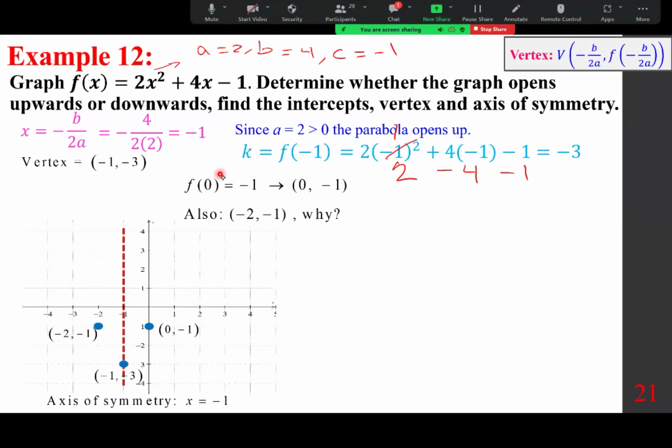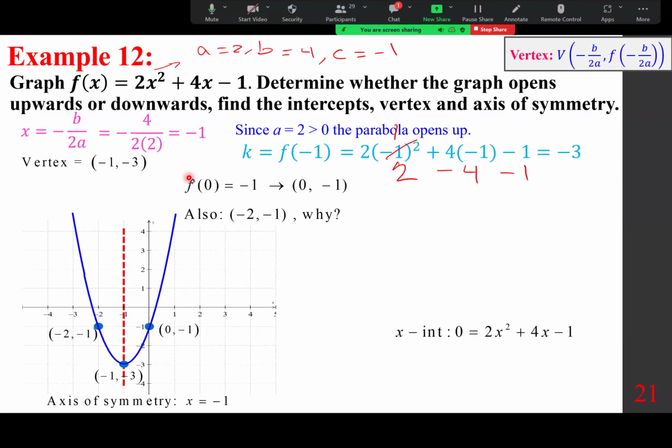However, let's find the x-intercepts. Again, this is the graph, basically, you're done. But let's look at the x-intercepts by setting f of x or y equal to 0, and it can't be factored. We are going to use the quadratic formula.